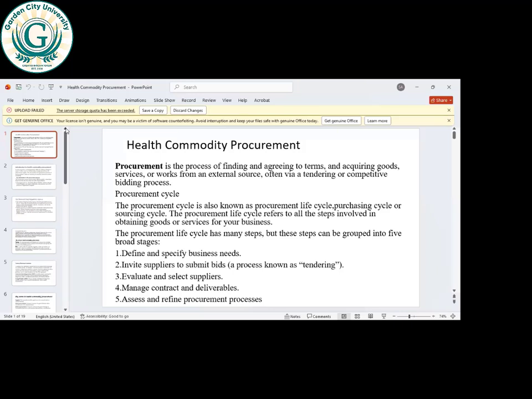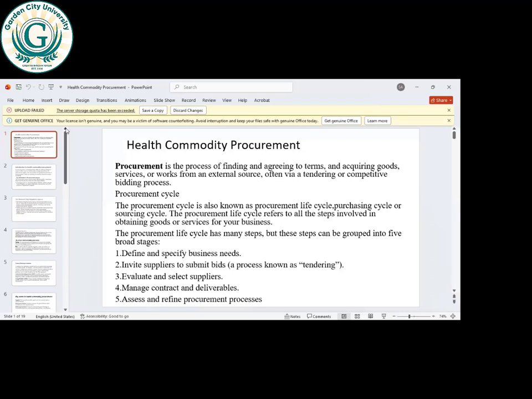Once those needs are identified, how do we satisfy or fulfill them? In fulfilling that need, you set out to find out how you're going to get the needed resources or materials to satisfy that need.